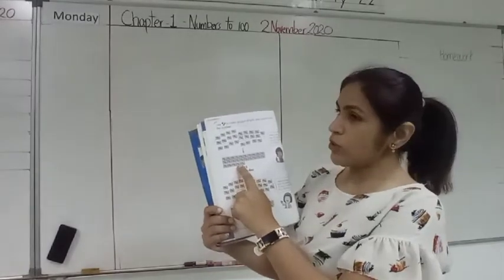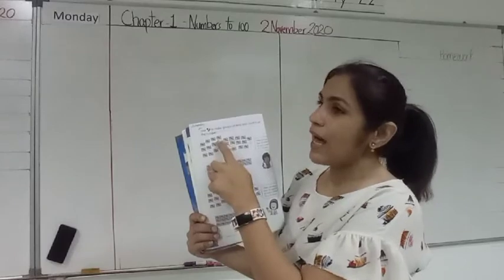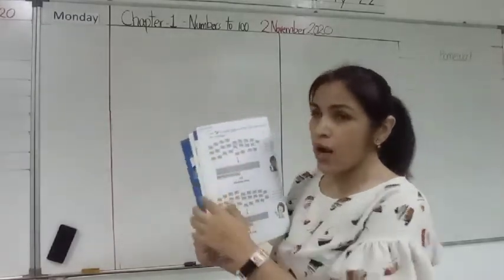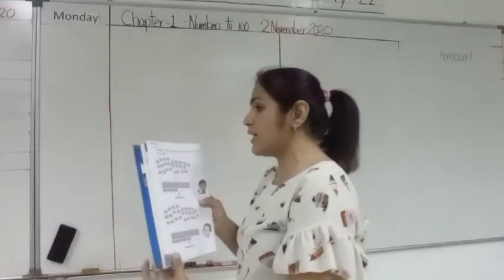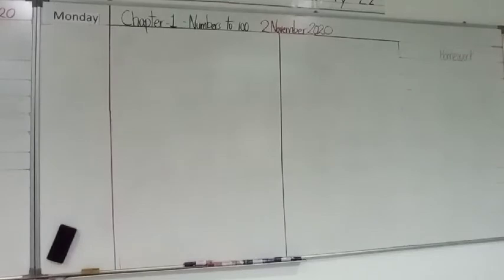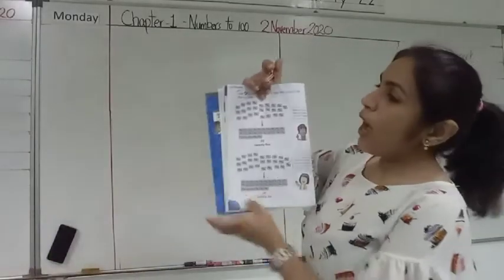So what you can do is circle them out. Count with me 10, strike and count. You know how we count? You need to take a pencil, strike and count with me, and then you circle it around. Look at this. How will you count?